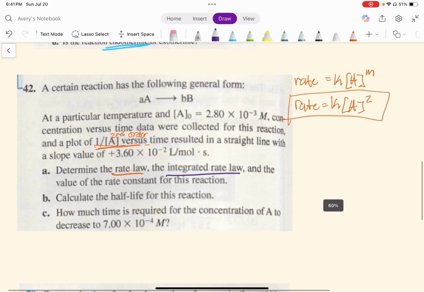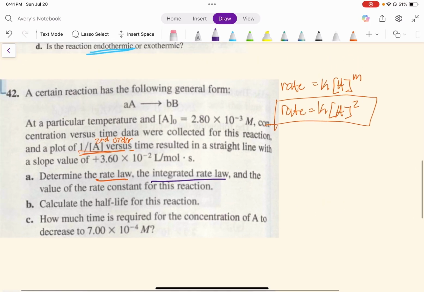It is 1 over A sub t equals K t plus 1 over A sub 0. So K is our rate constant, t is time, A sub 0 is the initial concentration, and A sub t is the concentration after a given time.